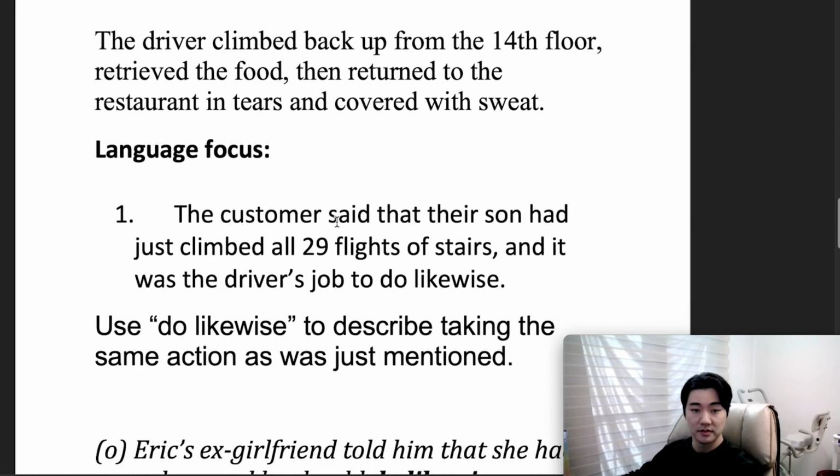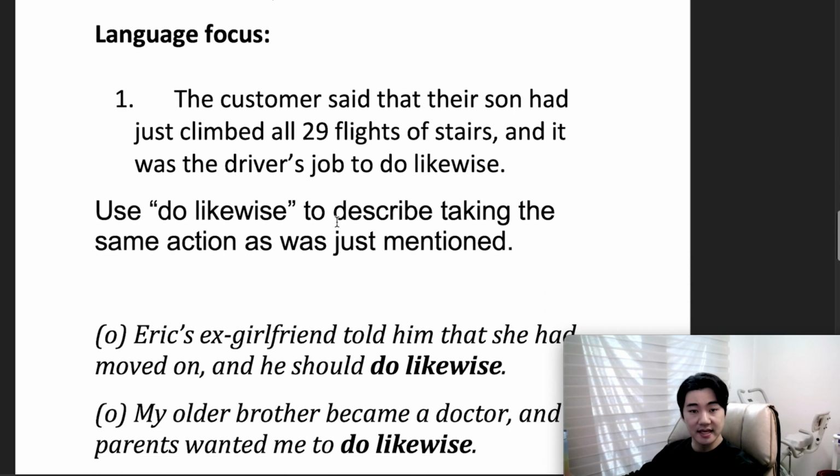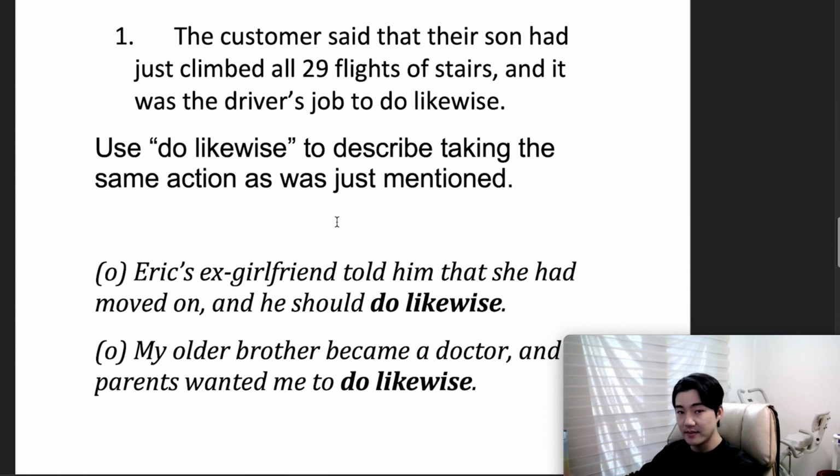1번. The customer said that their son had just climbed all 29 flights of stairs, and it was the driver's job to do likewise. Use do likewise. Let's highlight this. Use do likewise to describe taking the same action as was just mentioned.